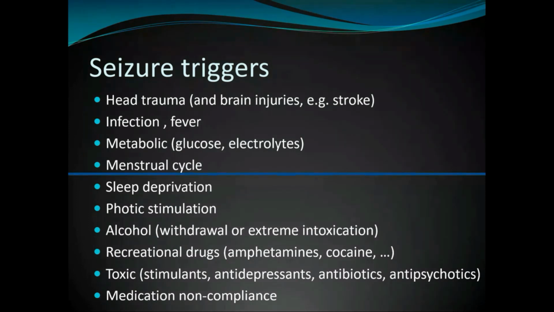If you have very high or very low sugars or salts in the blood, okay. Some women find that seizures can cluster before or during their menstruation period. Some things you do have control over, so ensuring that you have good sleep quality and hygiene. Some people are sensitive to flashing lights, okay.